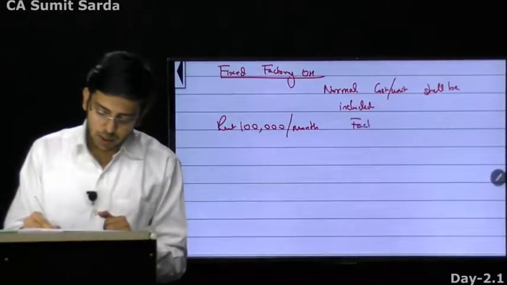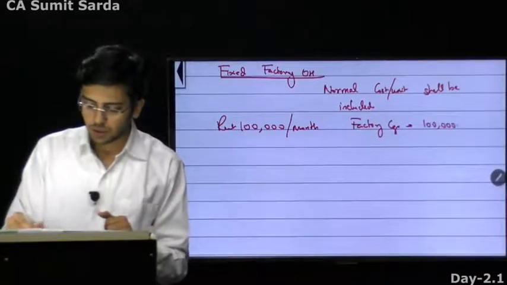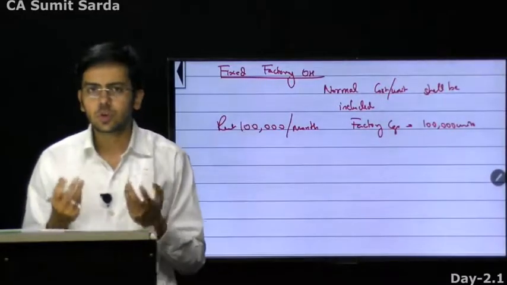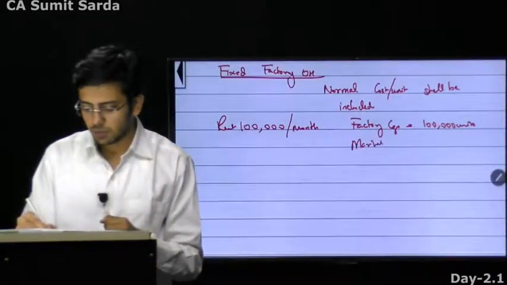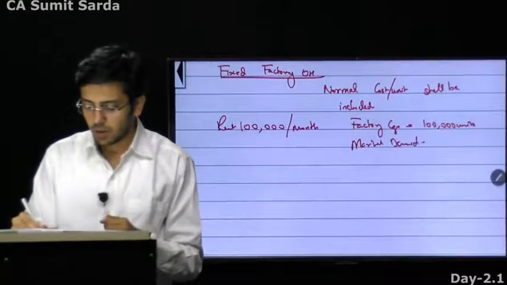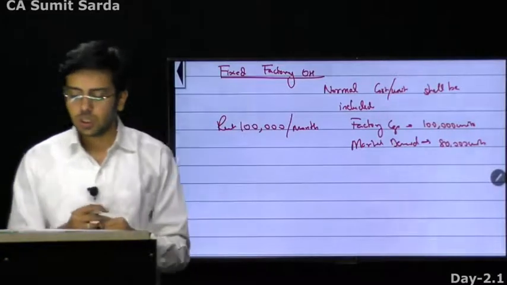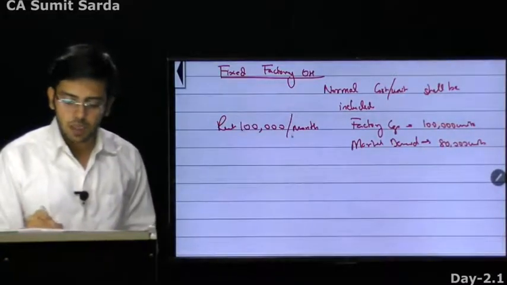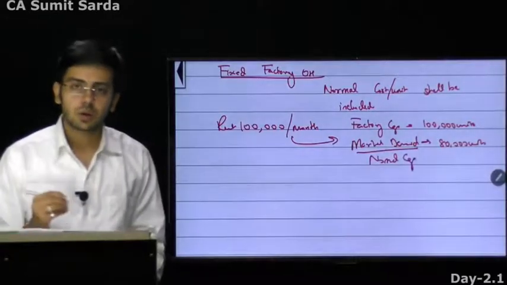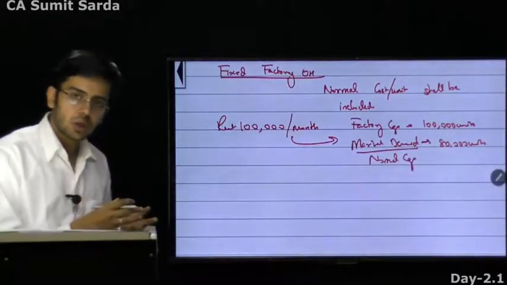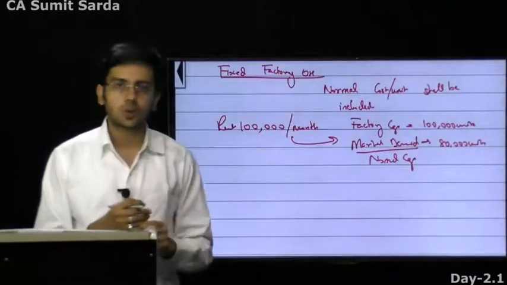Suppose the factory has a capacity to manufacture 1 lakh units. So we should actually manufacture 1 lakh units. But suppose the market demand is not so high, market demand is 80,000 units. So these 80,000 units, the market demand considered to be the normal capacity, is what we use to allocate the fixed factory overhead on a per unit basis.